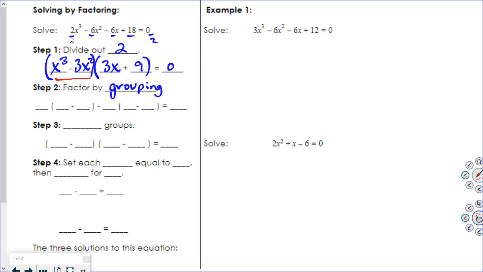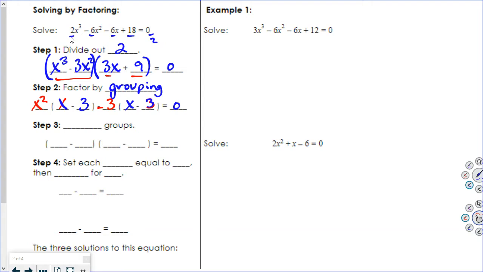If I look at this first one, I have a greatest common factor of x squared, which leaves me with x minus 3. Then we do the same thing with the second set. We can pull out a 3. Notice we do have a negative in front, so it's a negative 3, which changes this to a positive x and a negative 3 here, equal to 0.